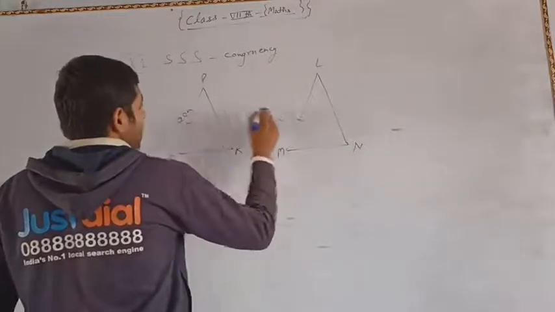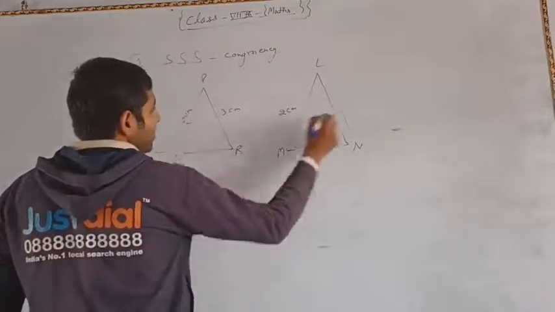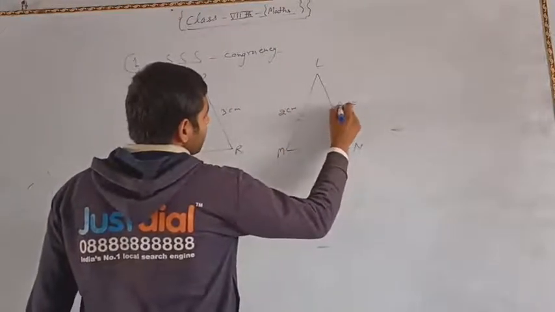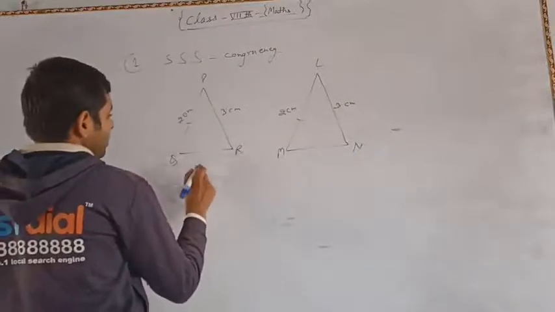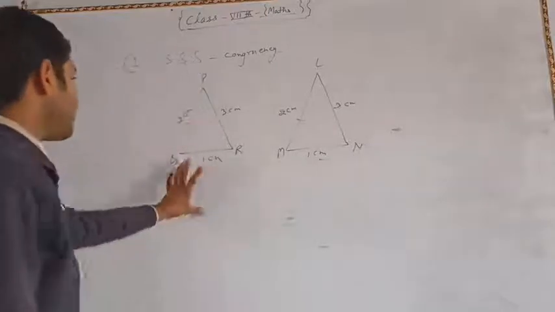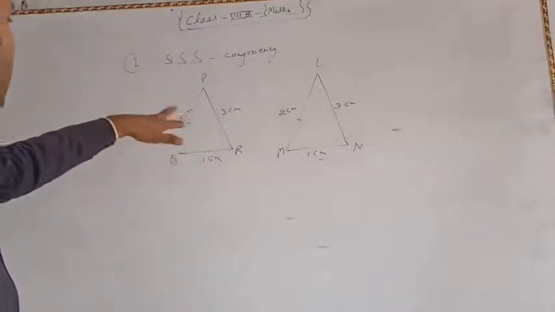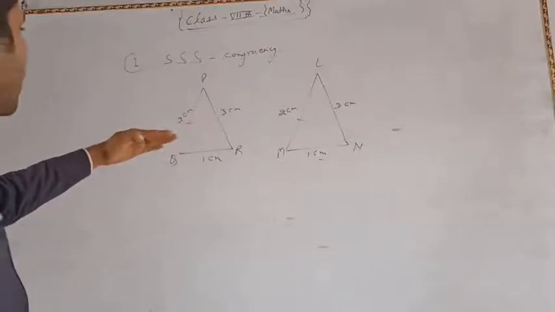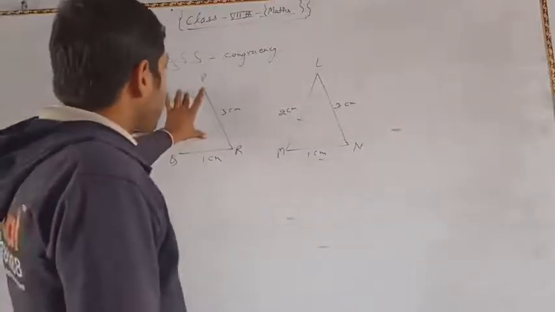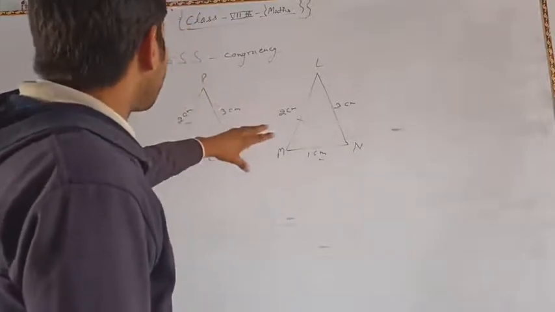This is 2 centimeter, then this is also 2 centimeter, and if this is 3 centimeter, then this is also 3 centimeter. And if this is 1 centimeter, then this is also 1 centimeter. So you can see that the corresponding sides of these figures are the same. So these triangles are said to be congruent to each other.